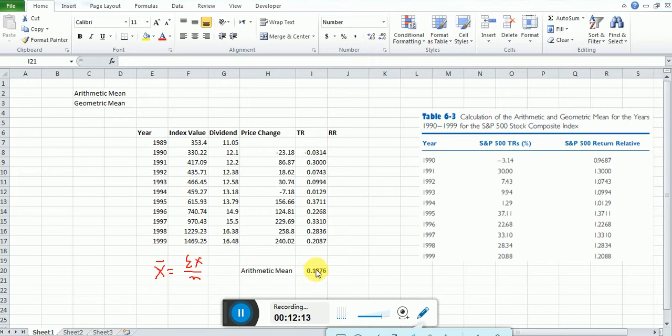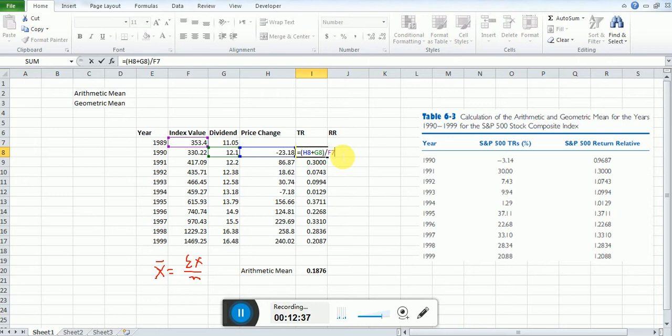Dear students, you can say the average return we have here is 0.1876. We cannot call it return if we do not multiply this with the percentage. So I have simply shown this value in the amount. If you want to call it return, then you must multiply all these values with 100, like this.